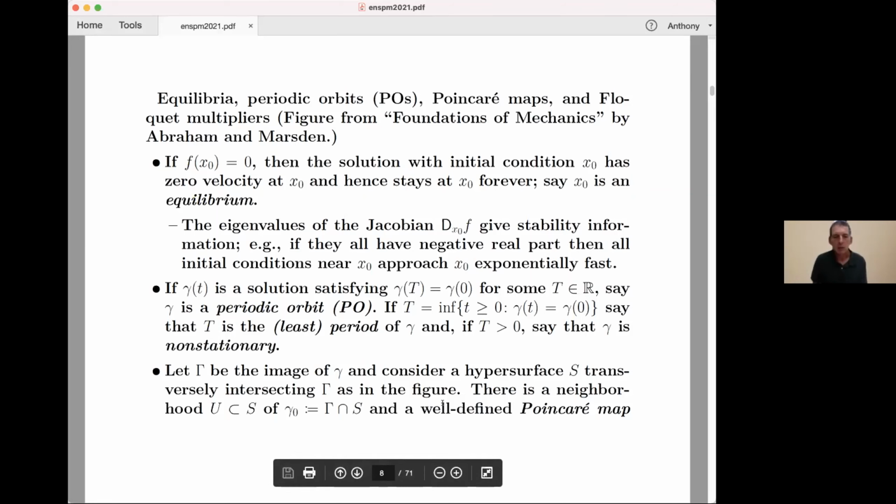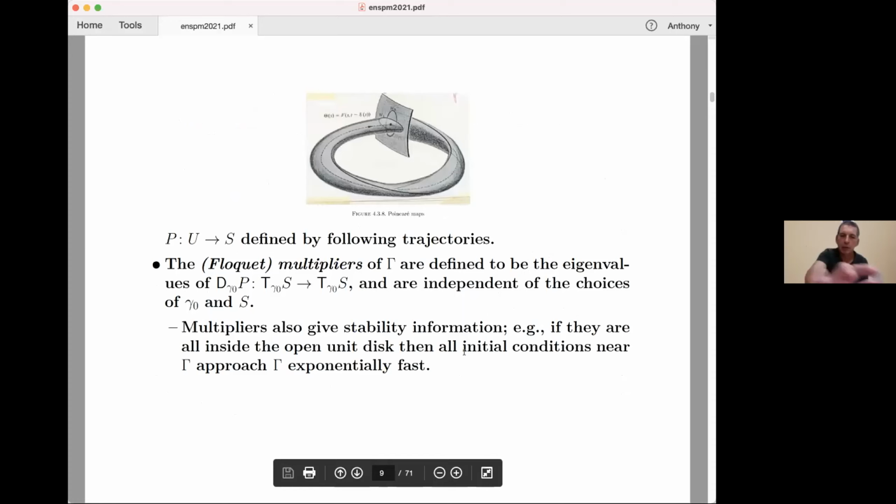The basic tool, both for visualizing and analyzing it, is to consider a hypersurface intersecting gamma and look at what's called a Poincare map. So here's a picture. I have some sort of periodic orbit. I put a hypersurface, which is transverse to the orbit, and I look at the repetition of the orbit as it hits the surface.